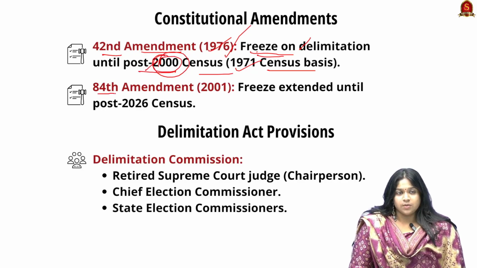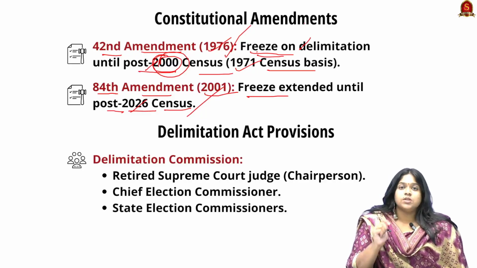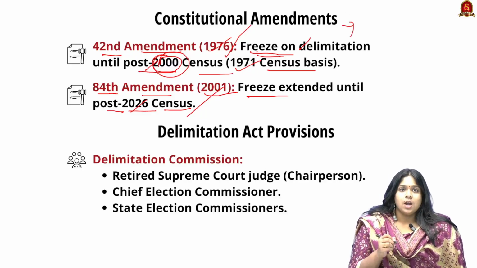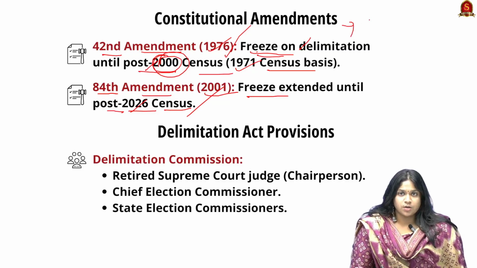Next, in the 84th amendment after 2000, in 2001, the freeze was again extended by 25 years, that is until the post-2026 census. So why was this happening? Because of the promotion of population control by each of these states in India. That is why there was the freezing of the Delimitation Act.